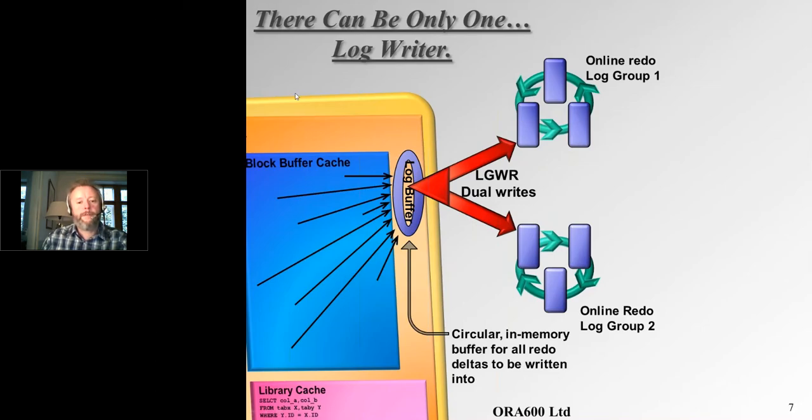And it's a common trick that people use to speed up batch processing. I hope you can see that this is actually quite a dangerous thing, because if you lose these online redo logs, your database can't recover if there's a problem. So you really should avoid doing tasks that are no logging.